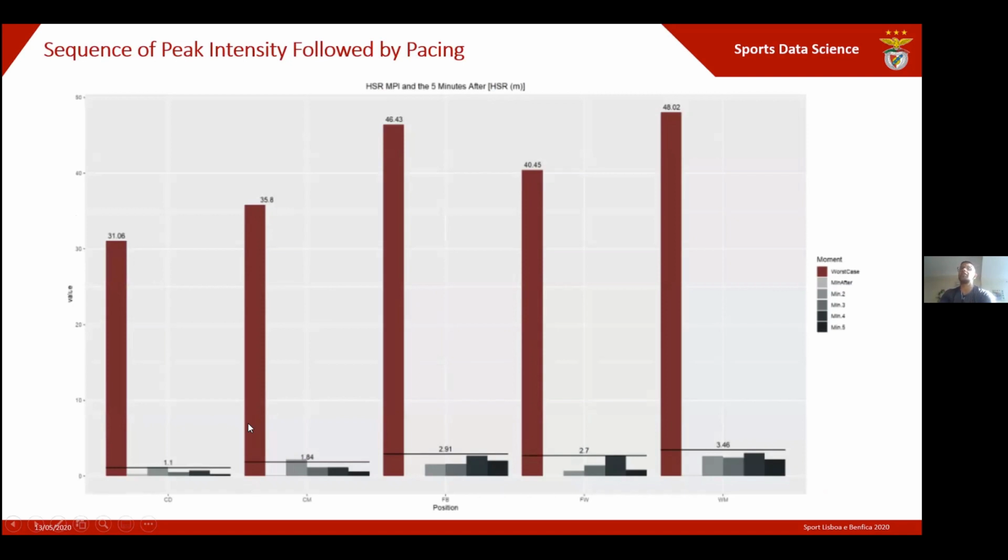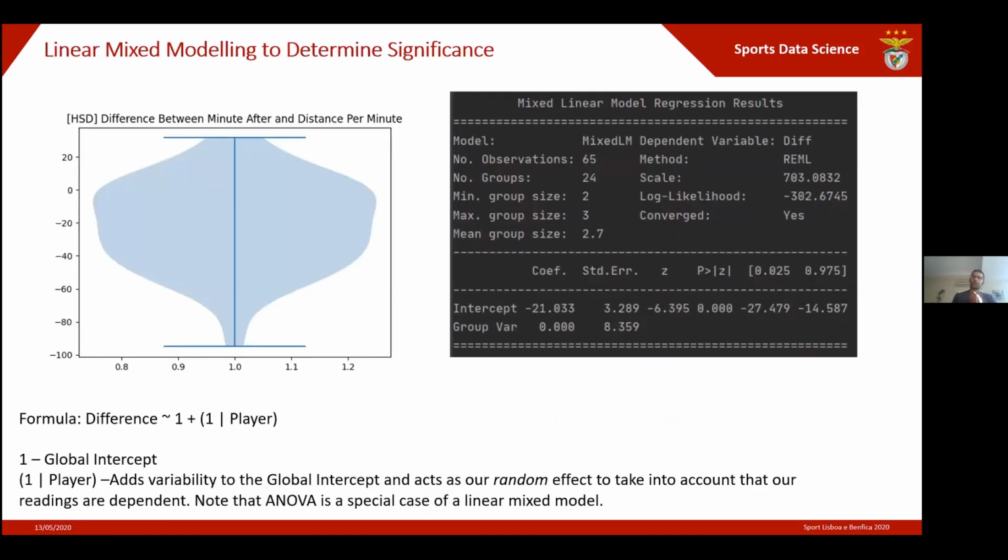Being able to use linear mixed models to look at the pre-intervention and post-intervention allows us to measure the difference in our players being able to recover quicker. To get into that linear mixed model, we're first going to calculate the sequences of peak intensity in Python, then calculate what the minutes after that sequence looked like.